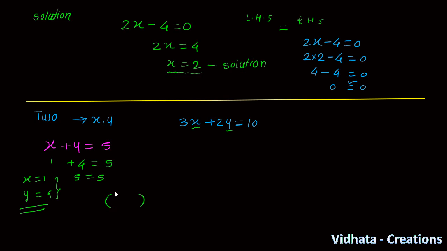While writing the solution, we always write the value of x first, then a comma, and then the value of y. We got x equal to 1 and y equal to 4. So the solution of this equation is written in small brackets as (1, 4), and it is called an ordered pair.